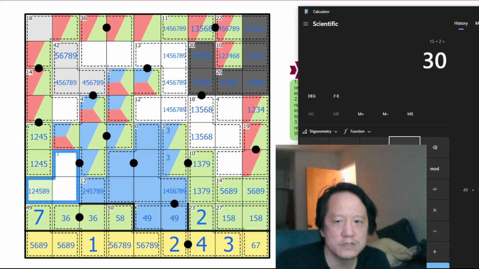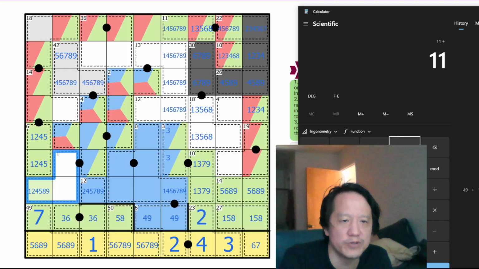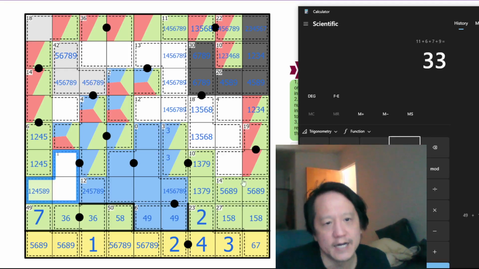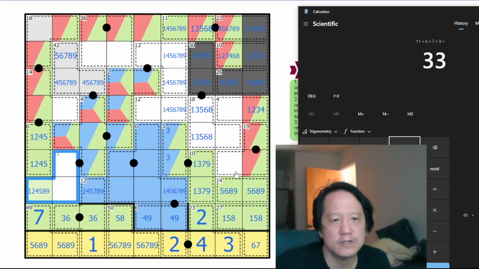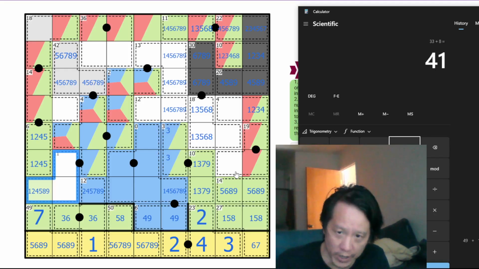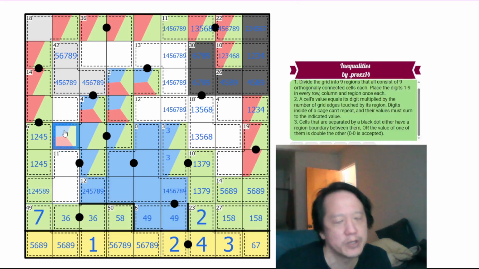Let's use a calculator. 11 plus 6 plus 7 plus 9 is 33. We cannot have that add up to 33 plus 8 is 41, so we could have a singleton going here, potentially.